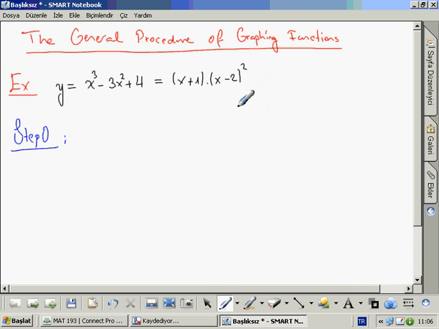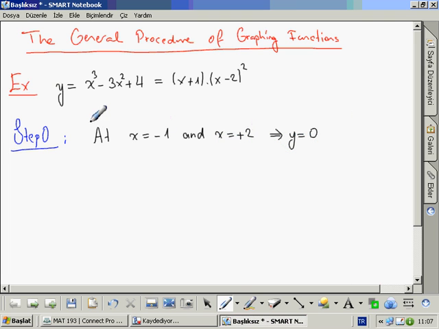We need to find the endpoints, and also to find the intersection points with the x-axis and y-axis. At x equals -1 and x equals +2, we know that y equals 0.